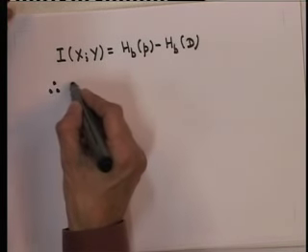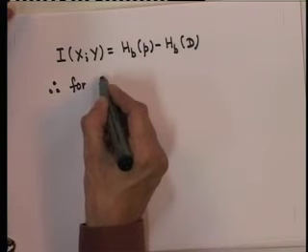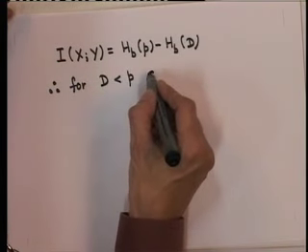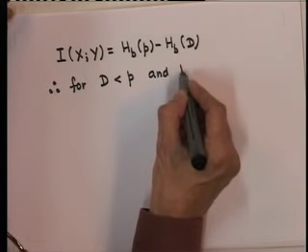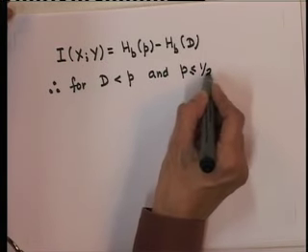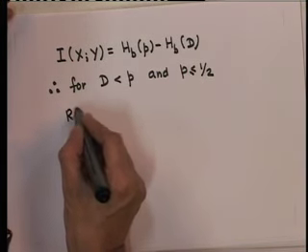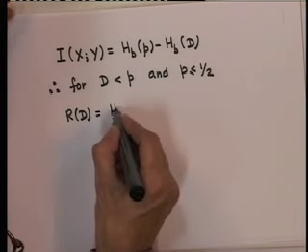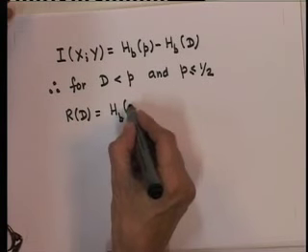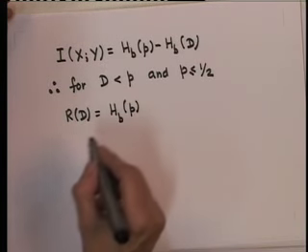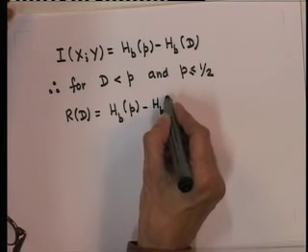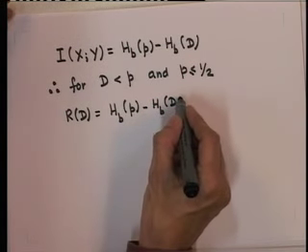Therefore, for d less than p and p less than or equal to half, the rate distortion function is equal to the binary entropy function h_b(p) minus the binary entropy function h_b(d).